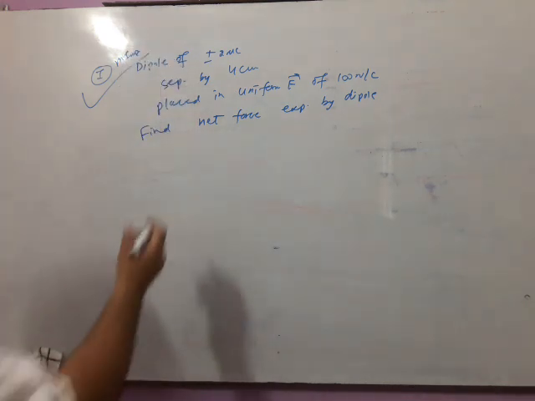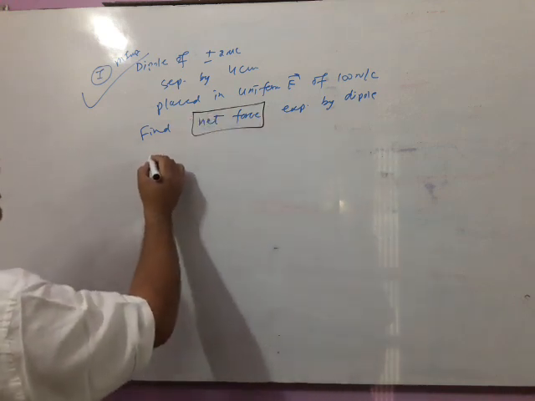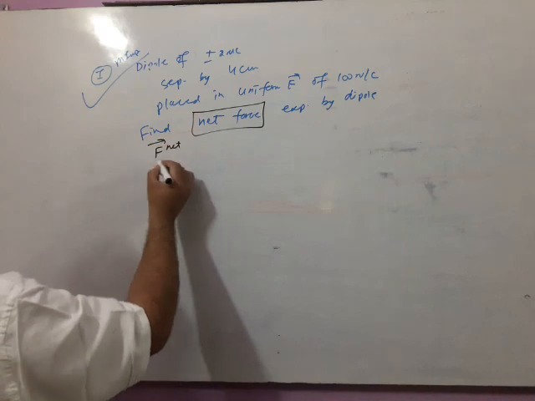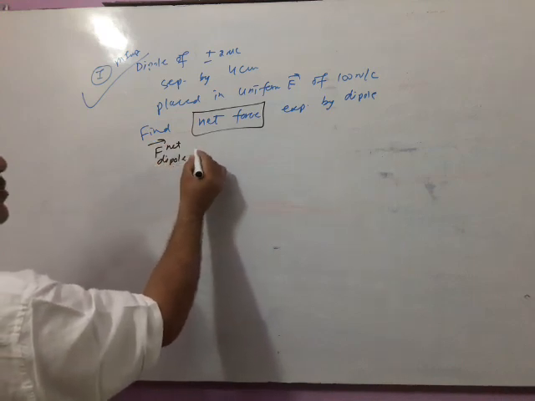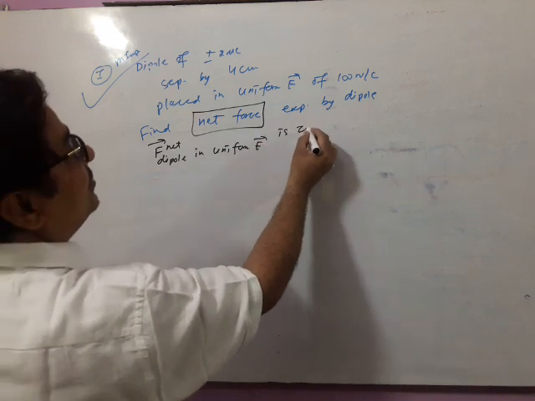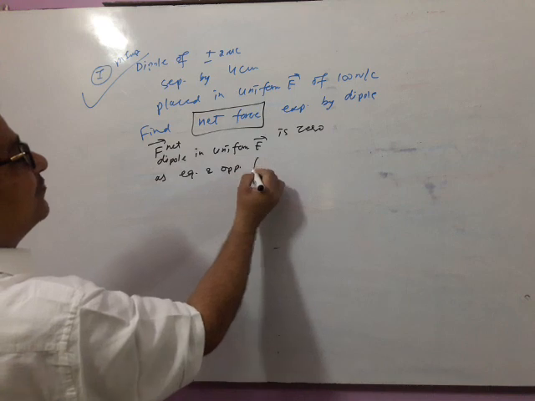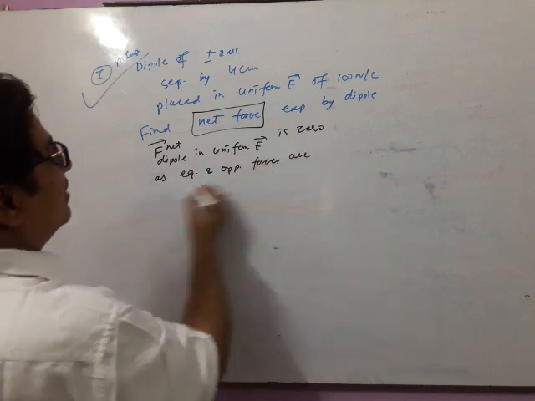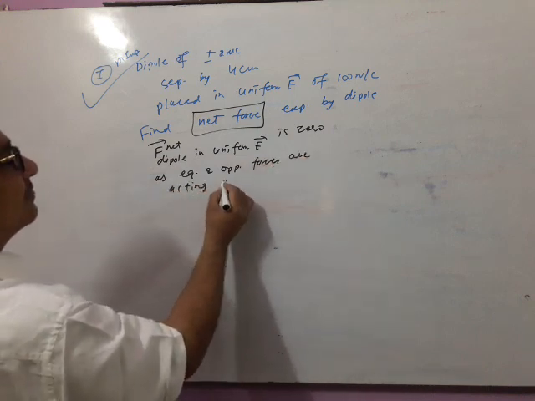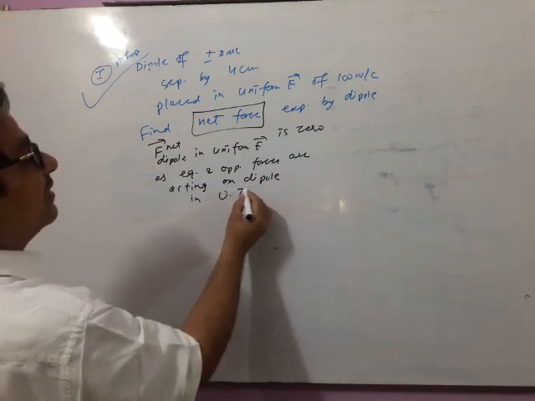But focus, it is net force. No net force. Net force is 0. Net force on the dipole in a uniform electric field is 0, as equal and opposite forces are acting on the dipole in a uniform electric field.